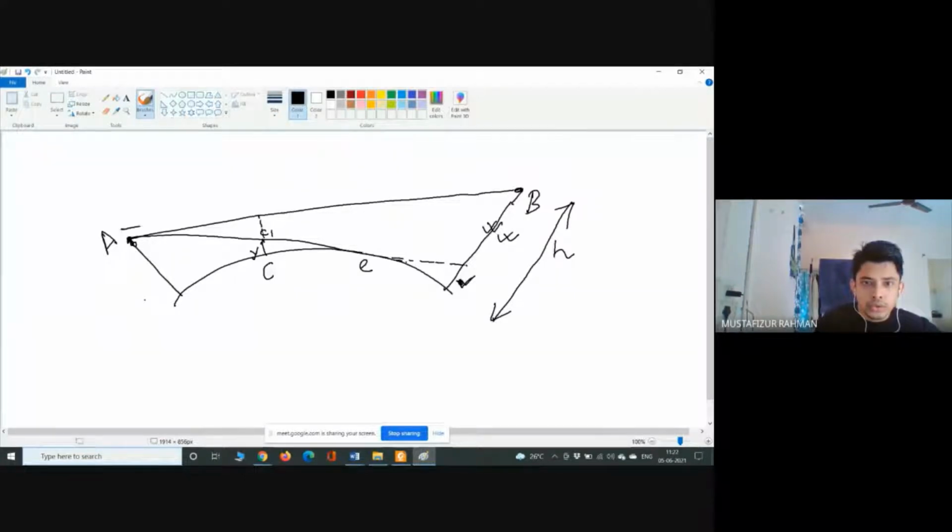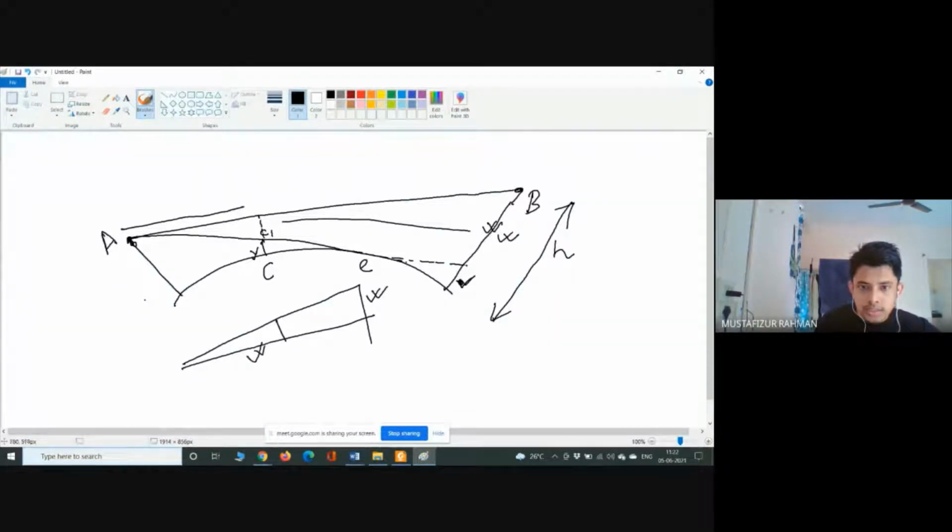Now we all know this value is known. This value is known, right? In the triangle, this is known. This is known. This entire is known. This we have to find out.